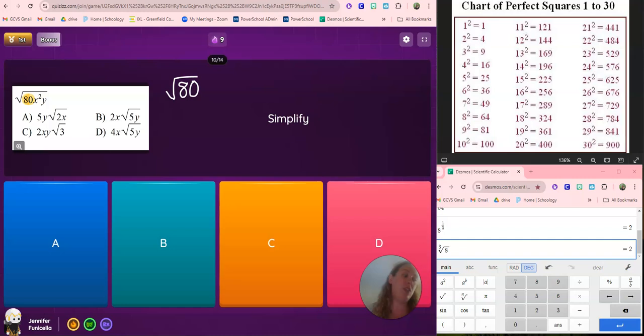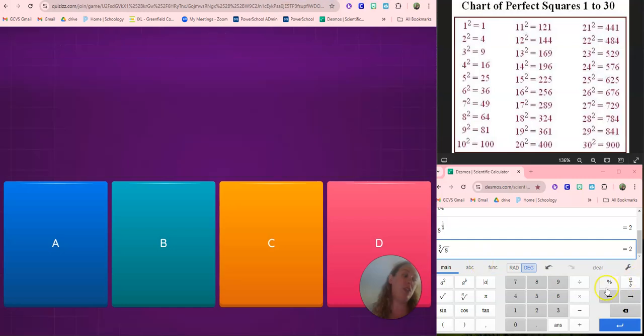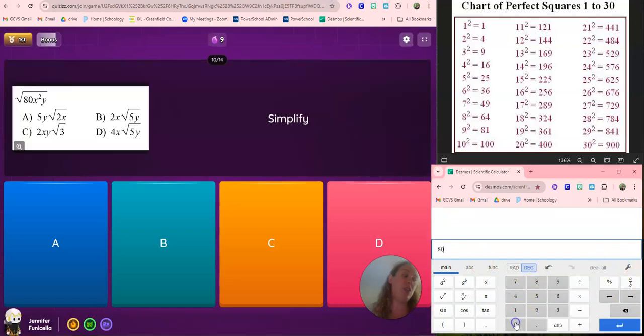And we want to find a perfect square that goes into 80. If I go to my calculator, maybe 36 does? Not quite. So I'm looking at my perfect square list. How about 25? Nope. What about 16? 16 goes in perfectly.